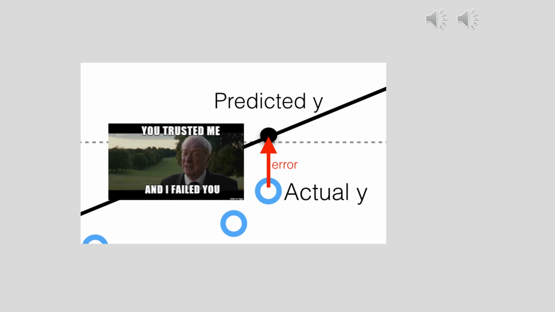So I like this because Michael Caine is saying, you trusted me and I failed you. This would be like an example of if you wanted to guess how well you did on the exam from how many hours you studied, and you studied 4 hours, but you got a worse score on the exam than what was predicted by the regression line, well, you'd be a little miffed by that, I would assume. But it can happen, right? Because there's always going to be some error.